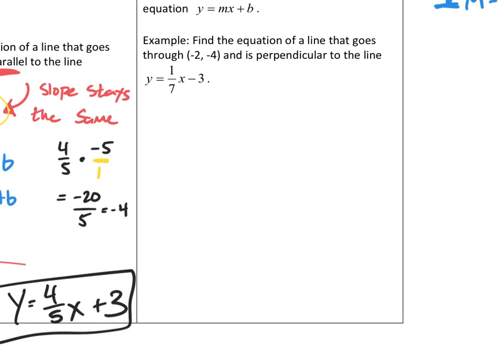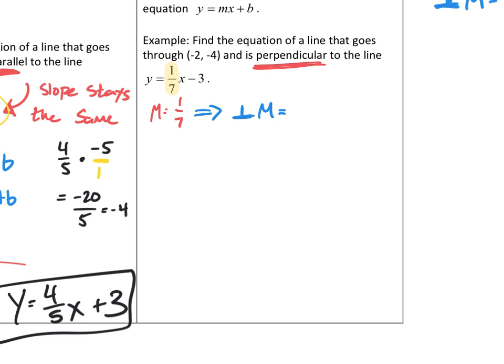So looking at this example, we would see, okay, well, we know that the slope of this line was 1 over 7, but they ask our slope to be perpendicular. So what I would say, all right, well, this slope is 1 over 7, but I need it to become the perpendicular slope.